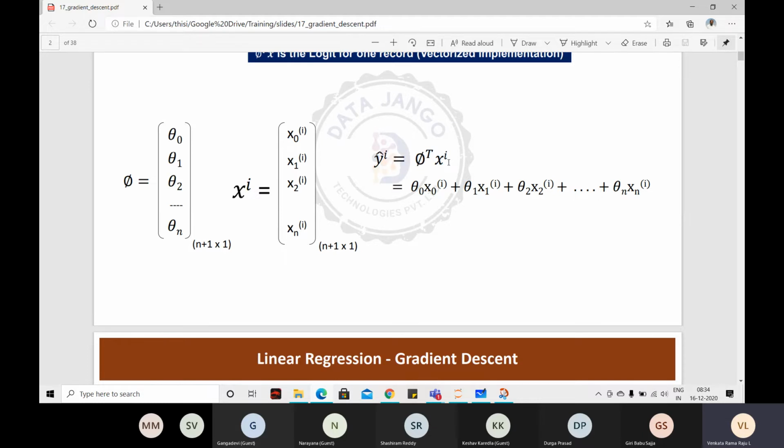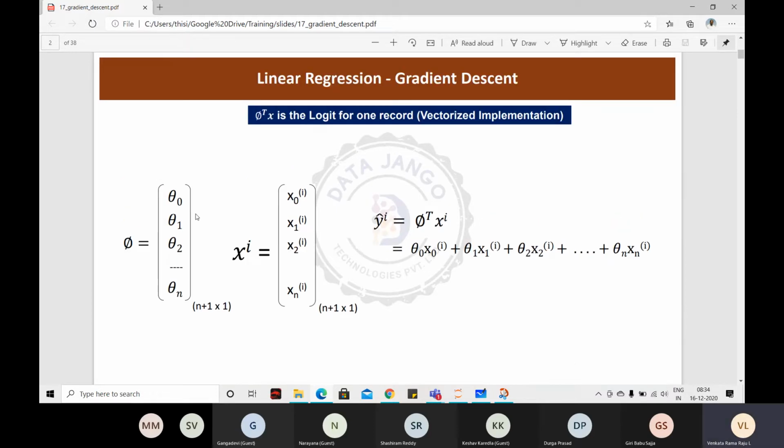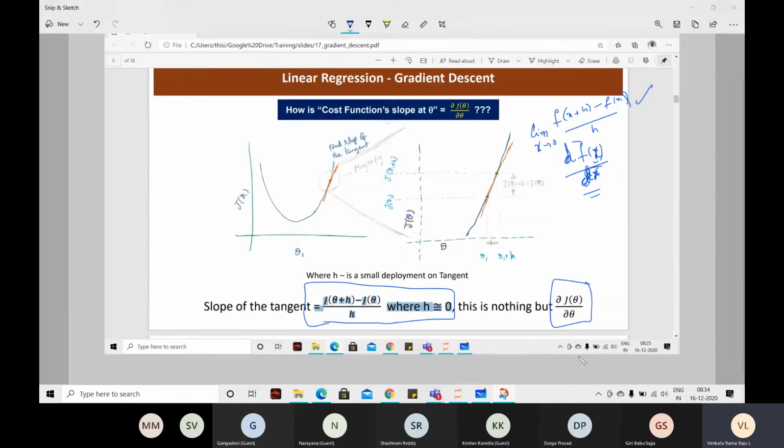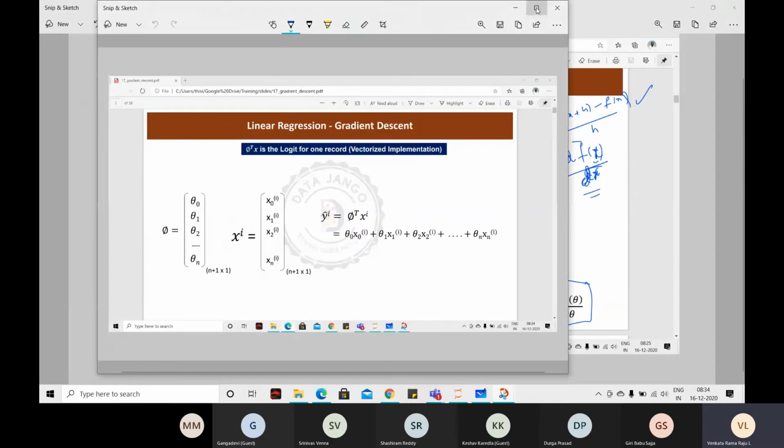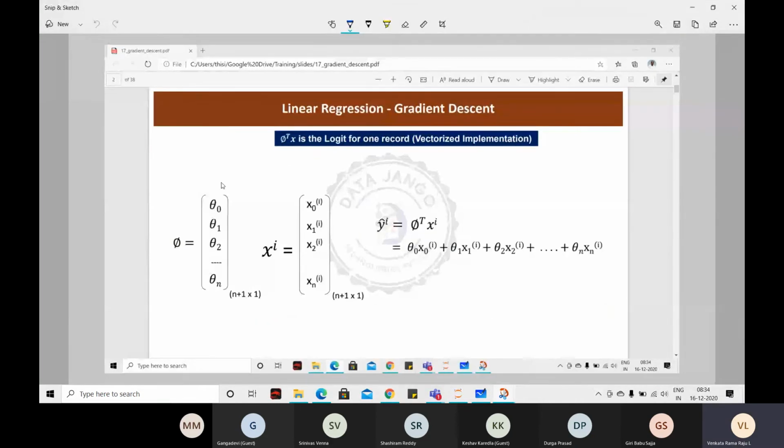Theta transpose x. If you transpose this, what happens? Suppose that this is a column matrix, this is a column matrix, and the dimensionality is n plus 1 by 1 and n plus 1 by 1. If you transpose this, it will become a row matrix, and the dimensionality becomes 1 by n plus 1.